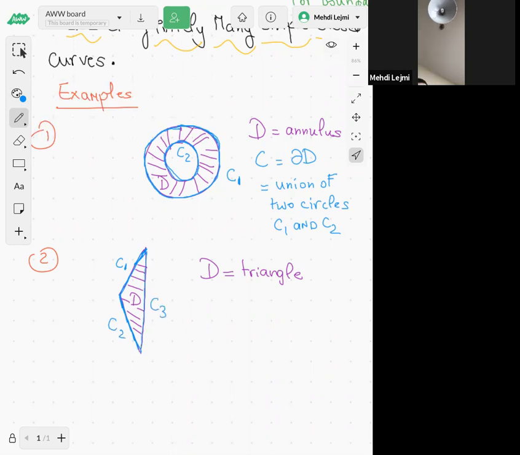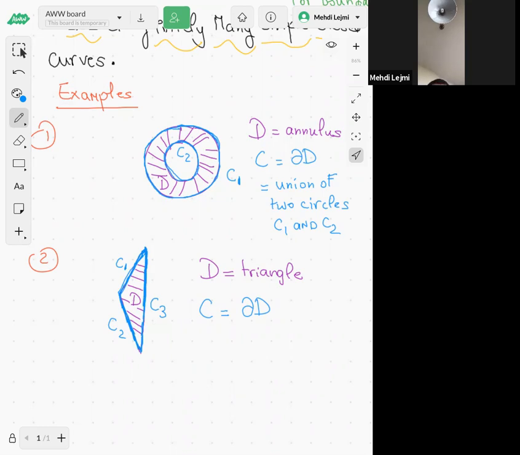So C, the boundary of D, is given by the union of these three segments, C1, C2, C3. And in this case, this boundary is a closed, simple curve, right?